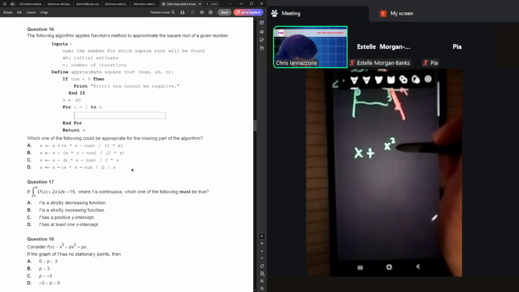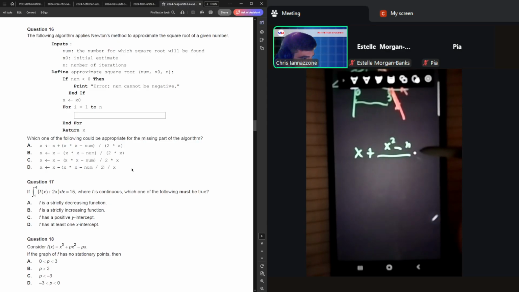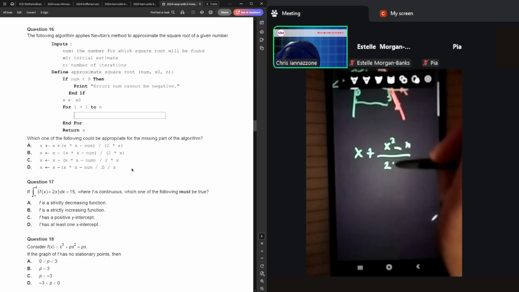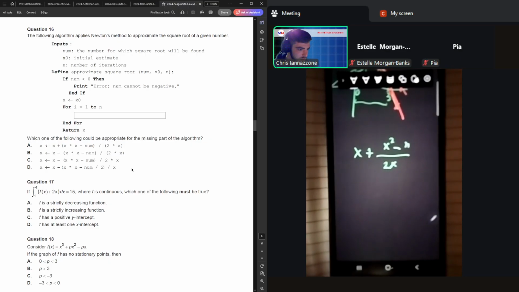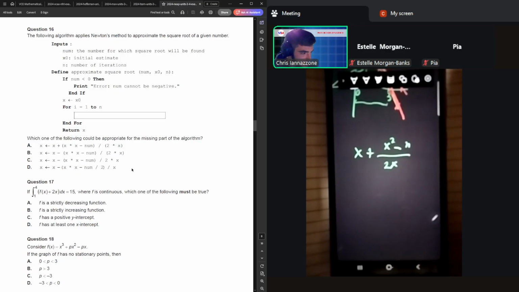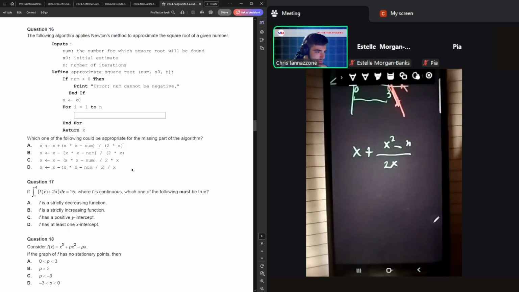X squared minus number on 2x. Okay, that's what that one would have been. What does that get us? I guess that's where that x squared comes from.